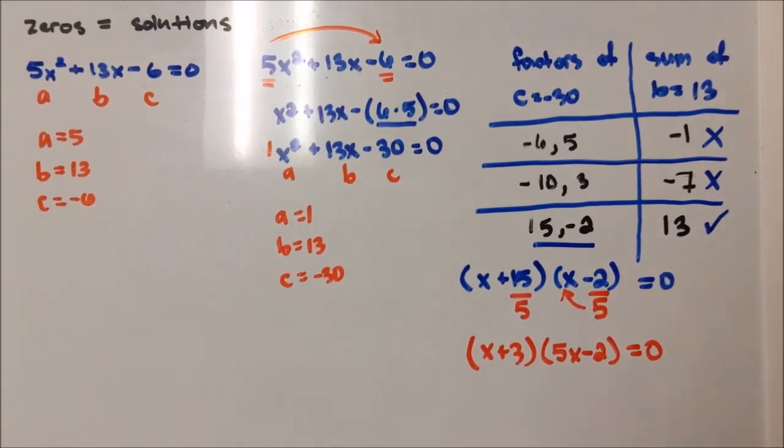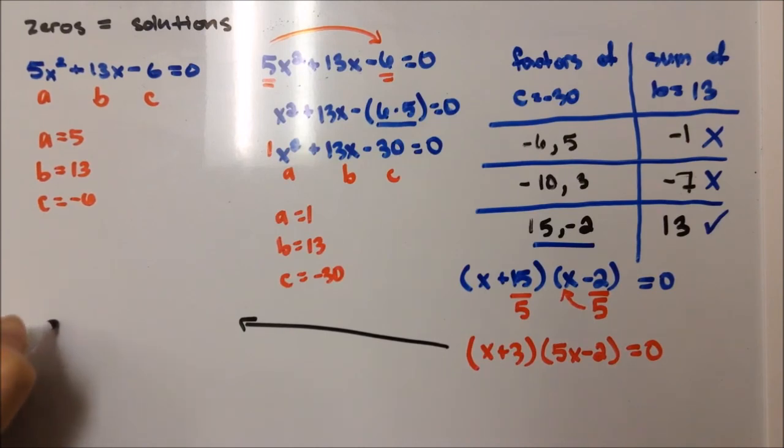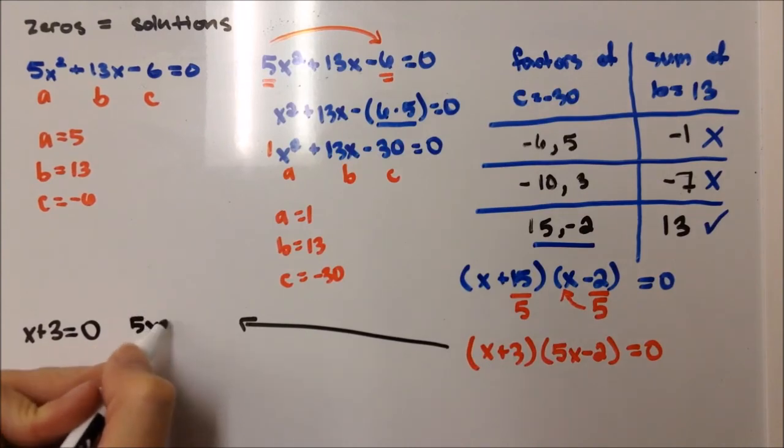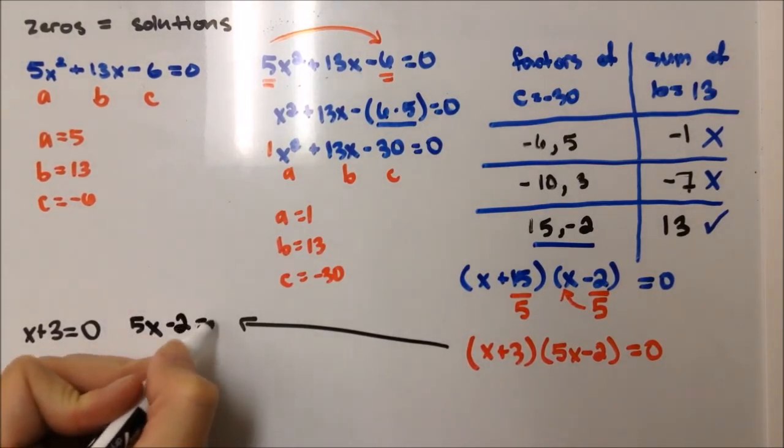So once we finish the divide part and the move part, now we're going to solve for x. So I'm going to bring it over here. So x plus 3 equals 0, and 5x minus 2 equal 0.